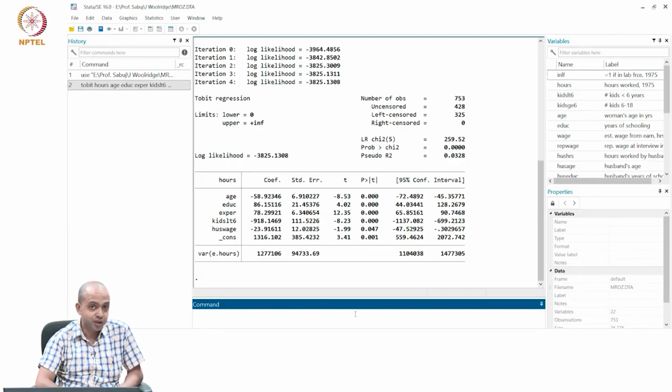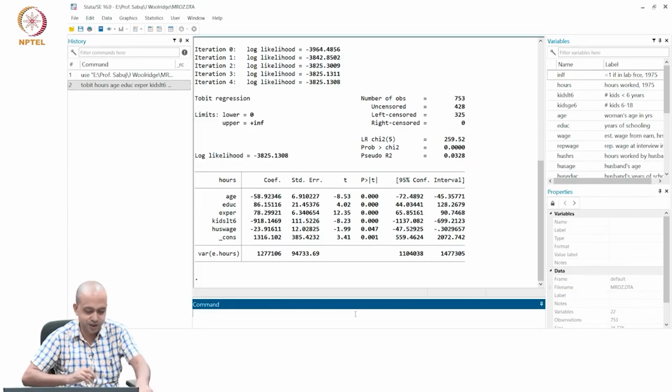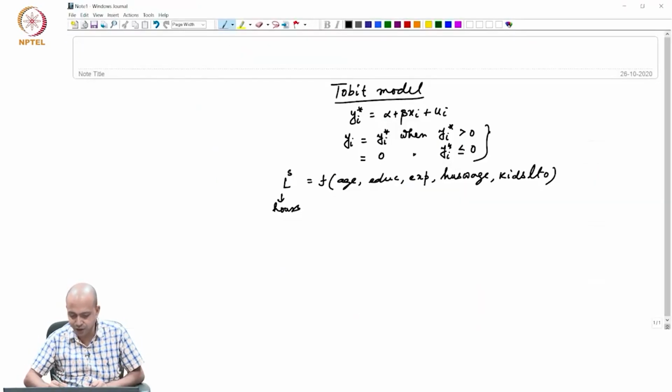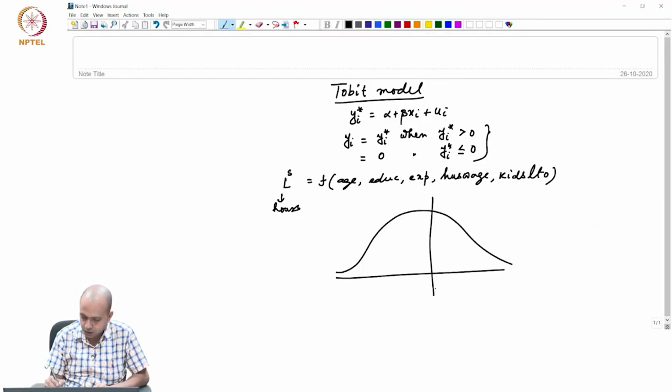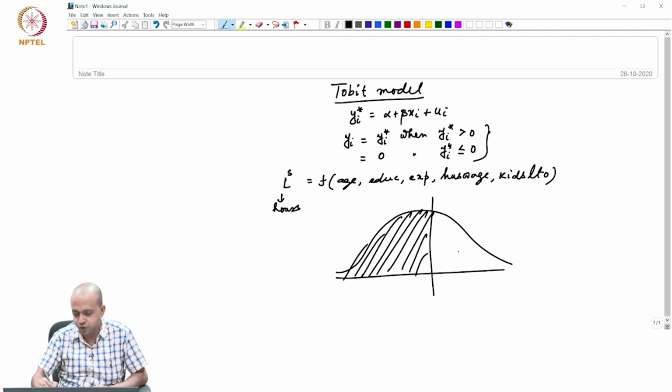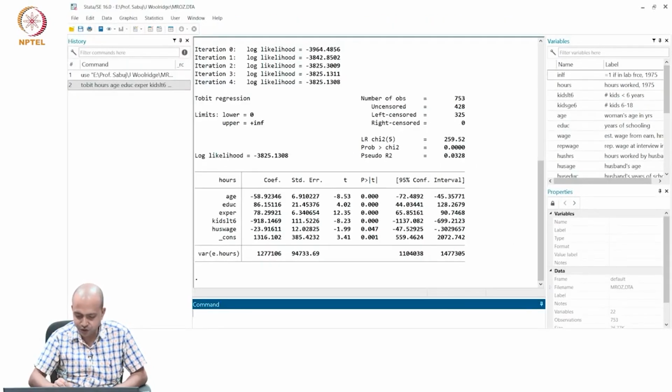That means, in terms of a simple diagram, this is your censored part, this is the uncensored part, and the total number of observations is 753 and here it is 428.